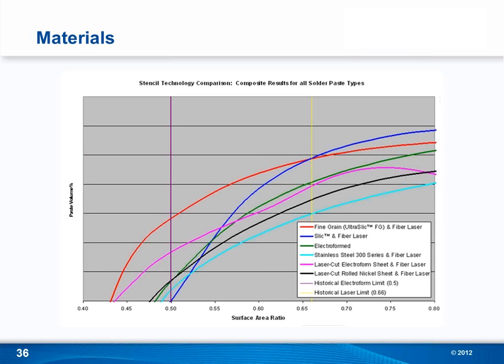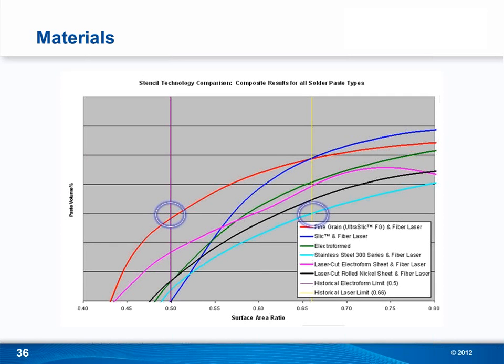So the yellow vertical line represents this 0.66. So when you look at the light blue bottom line there, where it crosses the horizontal line, that's the point where you say, okay, 0.66 gives you enough paste release. So that horizontal line is the limit for paste release.